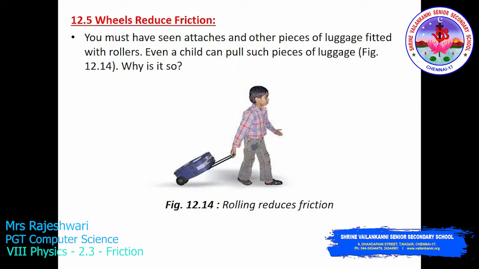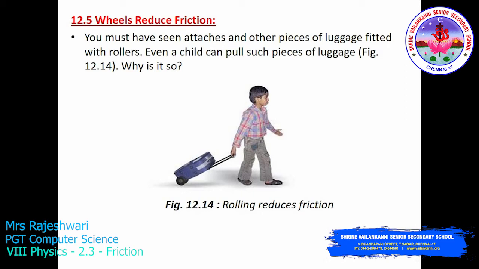You might have seen wheels fitted to trolleys in many supermarkets, or to suitcases. What is the reason behind that? Due to rolling, the object's friction is reduced, so you can pull the object very easily.